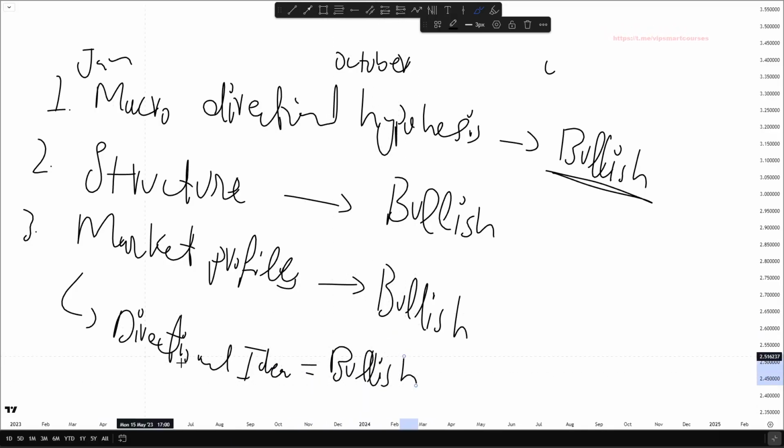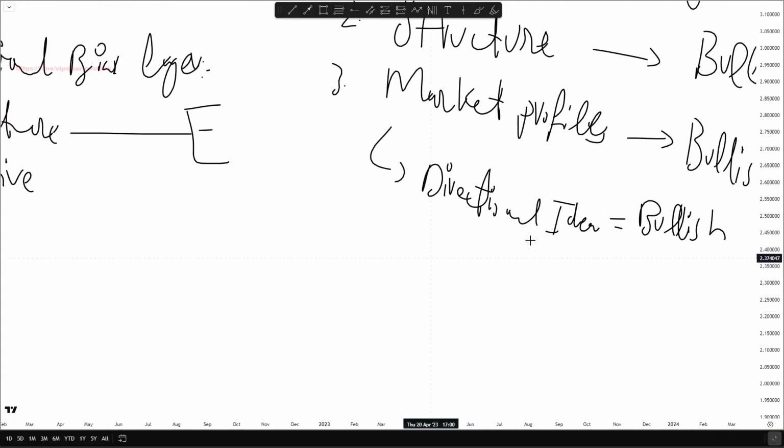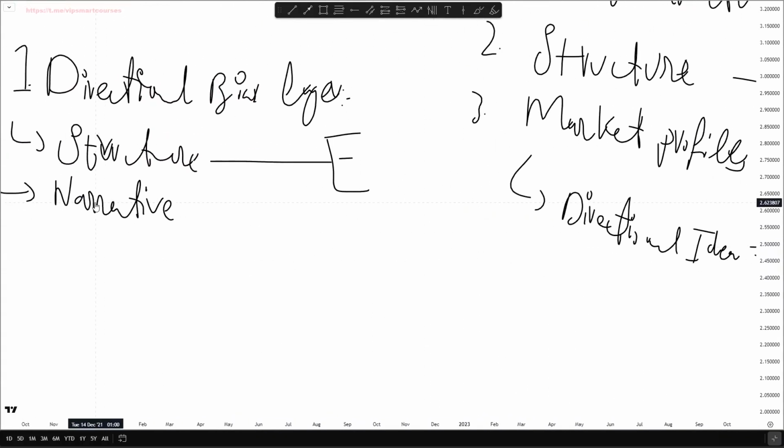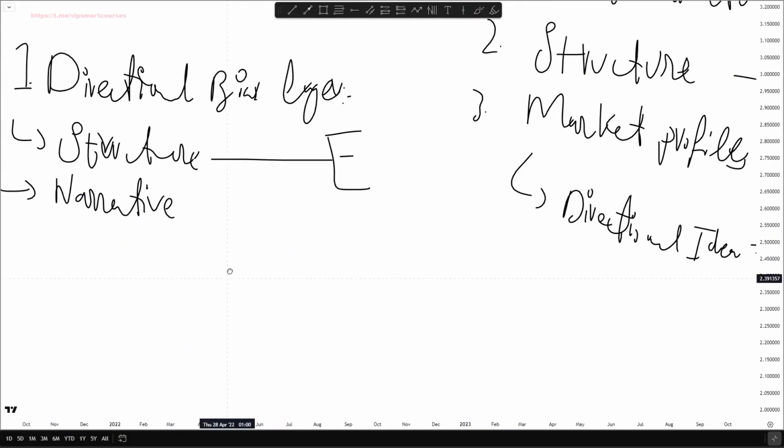And you establish this directional idea by using these three steps. Okay, but obviously, as you know, this directional idea alone isn't enough. Now we have to refine this directional idea and transform this into our directional bias.